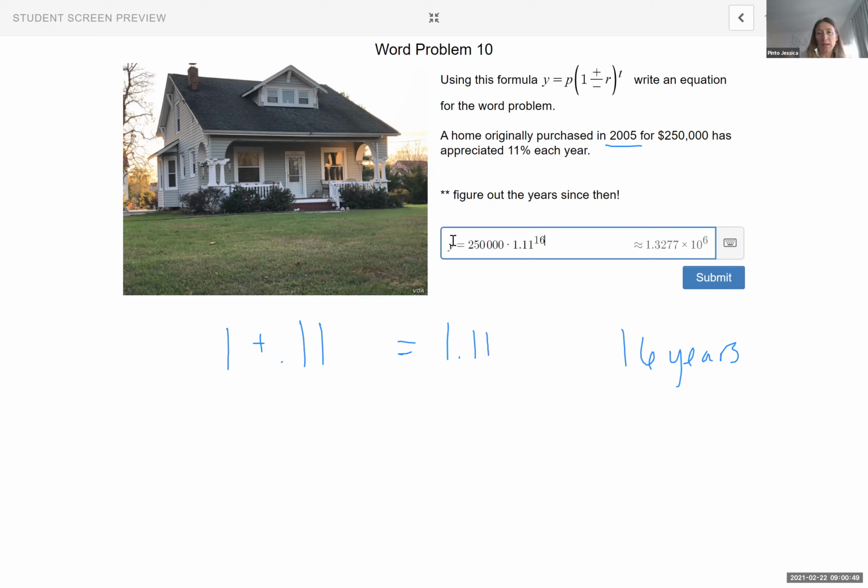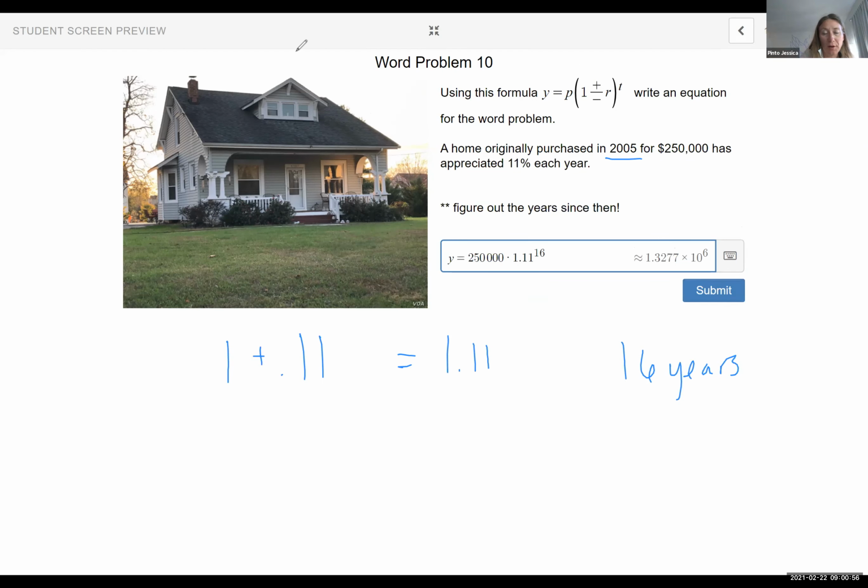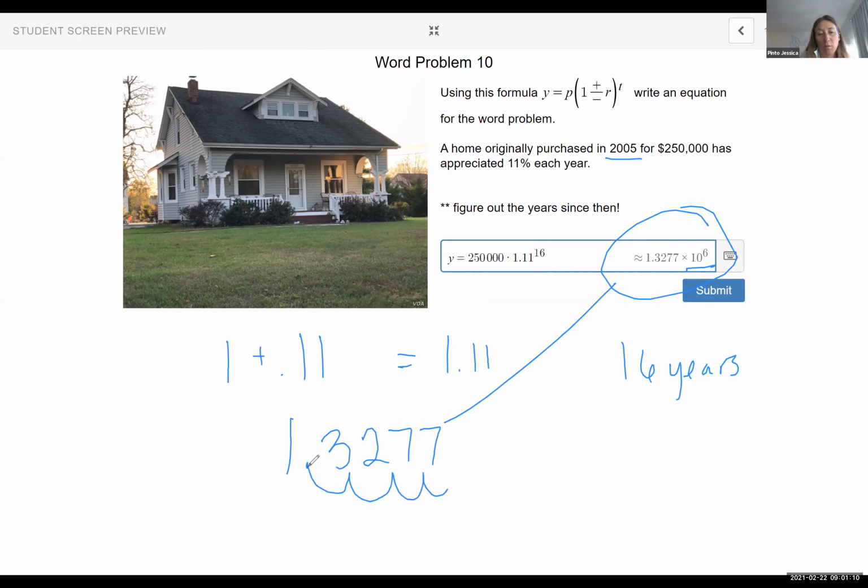So now they're showing me the scientific notation. Just to refresh your memory in case you are a little rusty on this, it means that I take the 1.3277 and this 10 to the 6th means I move the decimal place over 1, 2, 3, 4, 5, 6 times.